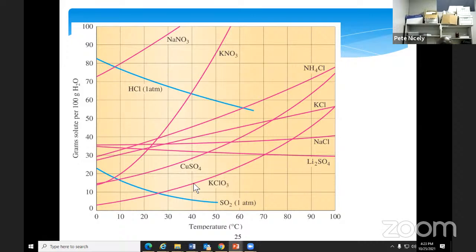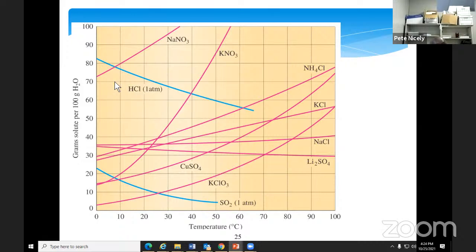And so that's basically the general trend that you observe when it comes to the solubility of solids in solvents as the temperature affects it. As the temperature increases, the solubility generally increases. Now, you'll notice that we have two plots here, one for hydrogen chloride and one for SO2, right? Those are not solids, those are gases.